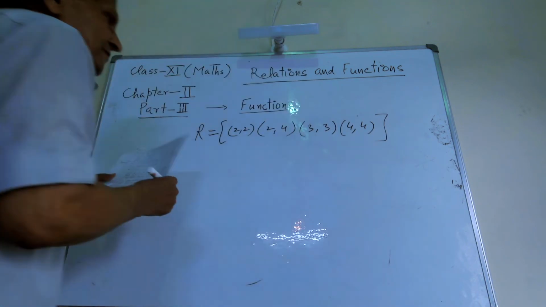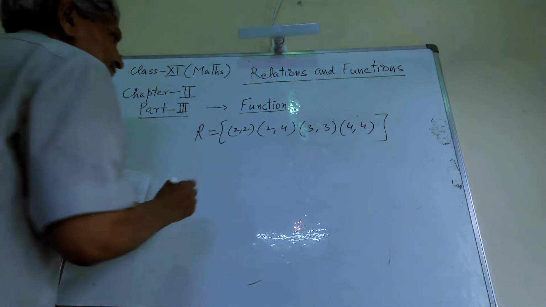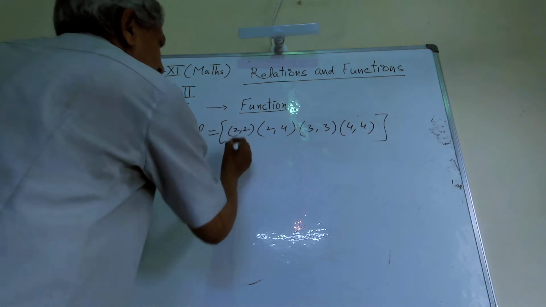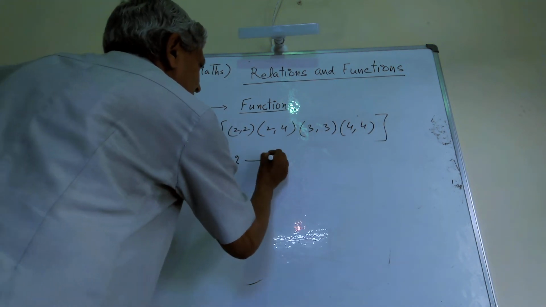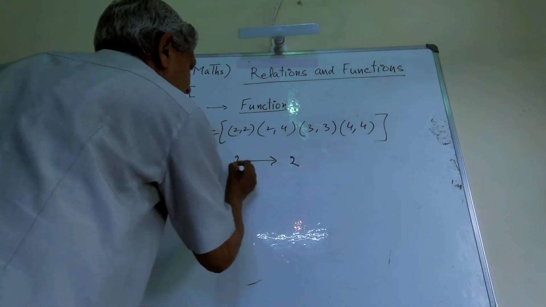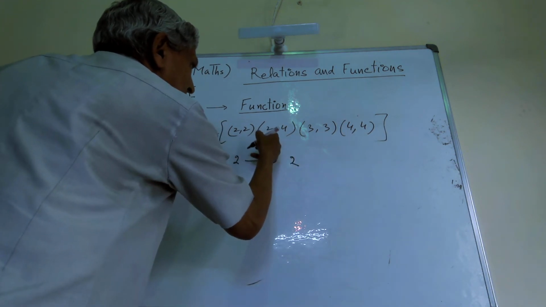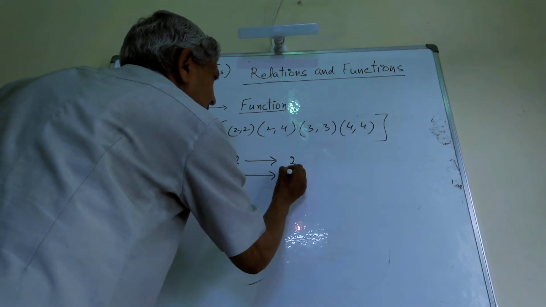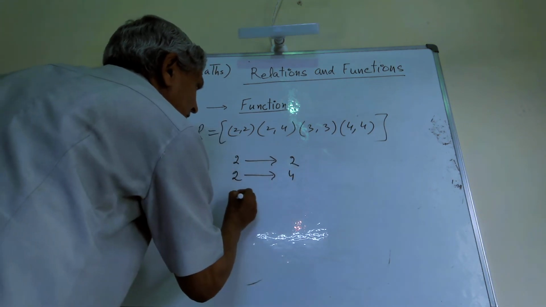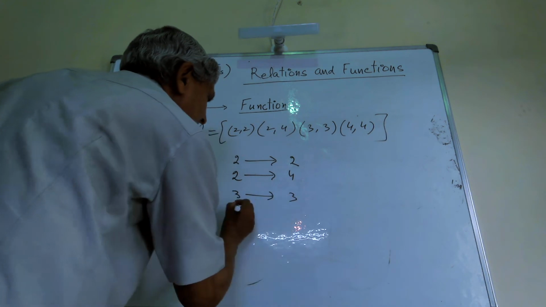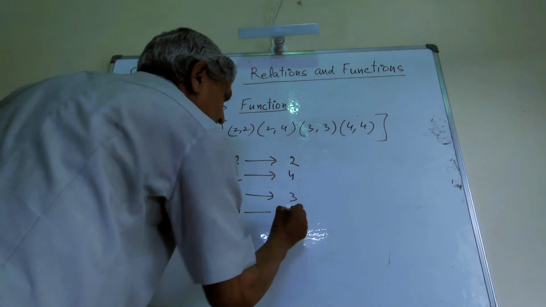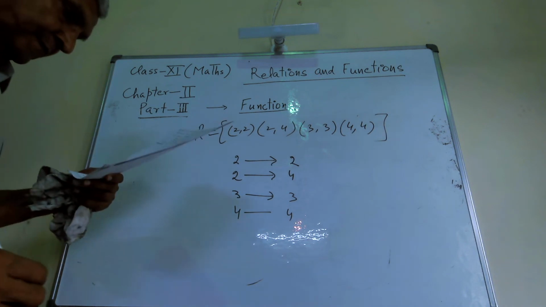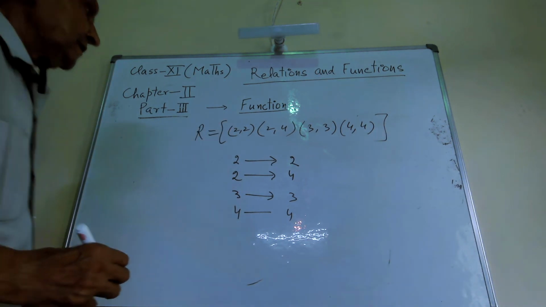This is a relation. Now, image of 2 is 2. In this second pair, image of 2 is 4. Image of 3 is 3. Image of 4 is 4.